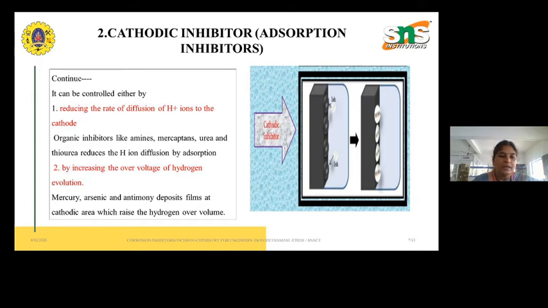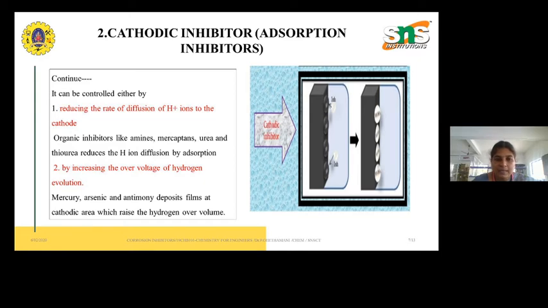What does this mean? Salts like sodium meta-arsenate are known as arsenic oxides, which deposit an adherent film of metallic arsenic or antimony at the cathodic area. In the first case, we use organic inhibitors which absorb the H plus ions, so there is no option to release hydrogen gas.